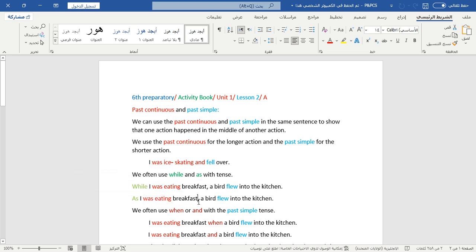Comma, of course, that's so important. Why? To separate the two parts. Actually, it's one sentence, but it has two parts. Okay? Why? Because when I say I was eating breakfast and stop, is the meaning complete?